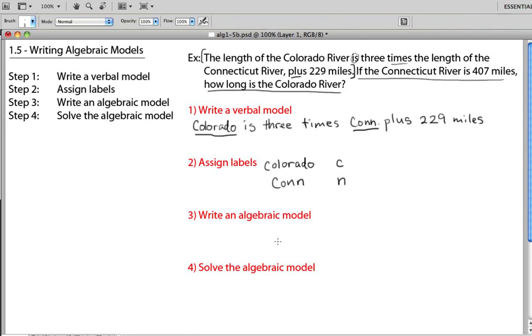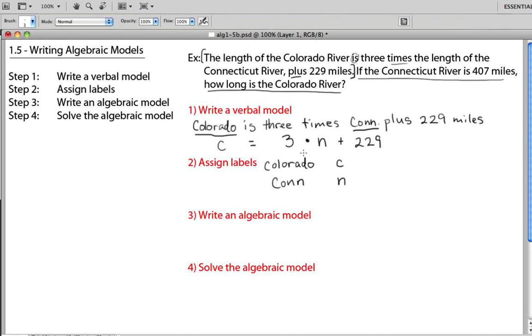Now to write it as an algebraic model, you're translating this into an algebraic expression or equation or inequality. So the first thing is I see Colorado, so that would be C. Is equal sign, 3 times Connecticut River, which we assign to N. I have a plus 229.